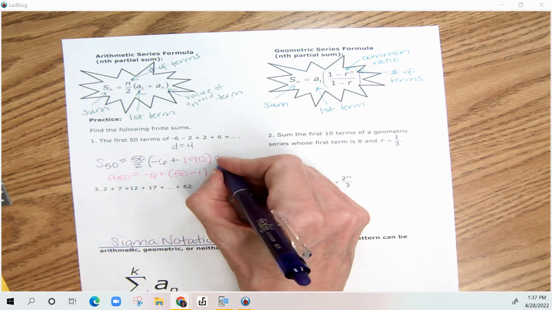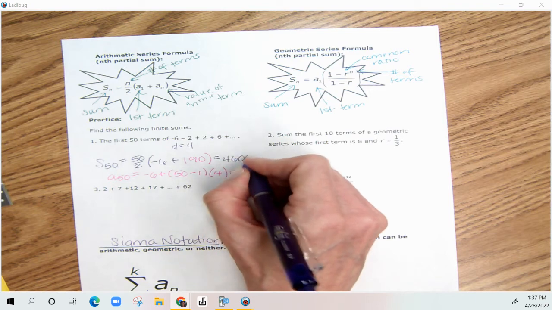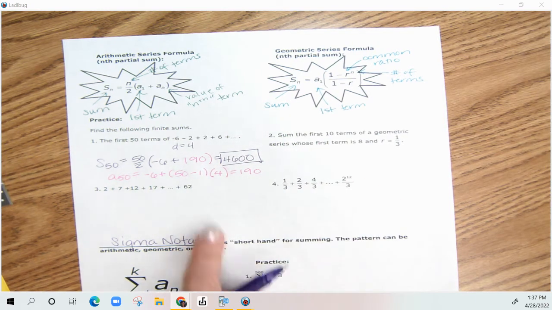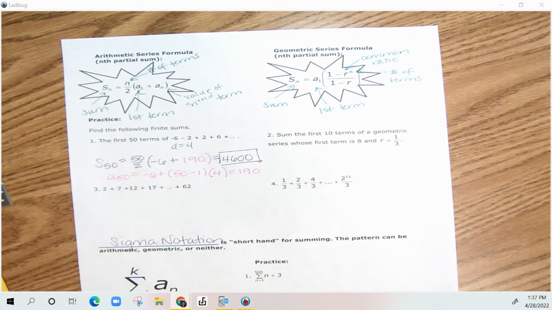And the sum of the first 50 terms is 4,600. Okay, but I had to use this formula in order to find this piece of information. So generally, if you go to use one of these formulas and you're missing a critical piece of information, try going back to the other formula to see if you have enough to use that formula to find what you need for the original one.